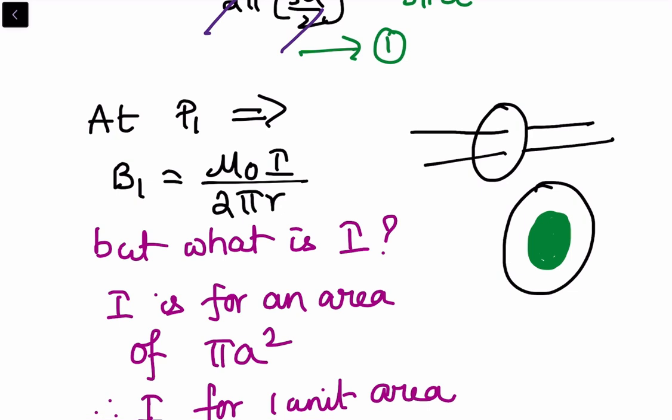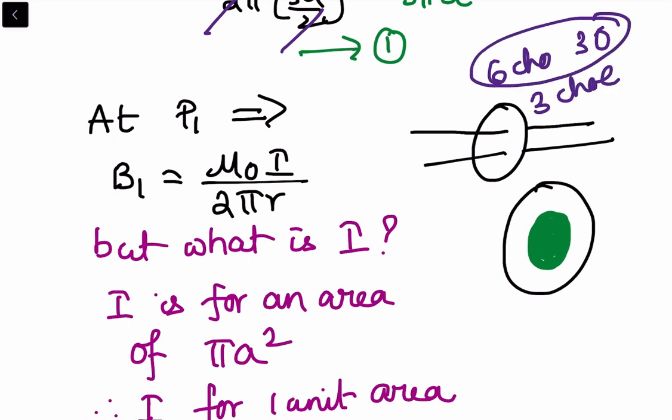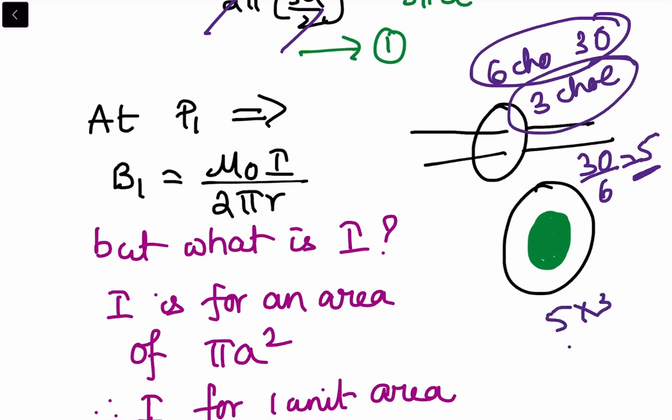In our childhood, suppose we had a problem like 6 chocolates cost 30 rupees, what is the cost of 3 chocolates? How did we do it? First we found the price of one chocolate, 30 divided by 6, which is 5. After finding it for one chocolate, you multiply with 3, that is 5 into 3, which is 15. In the same way, this is the complete cross sectional area, the violet color.